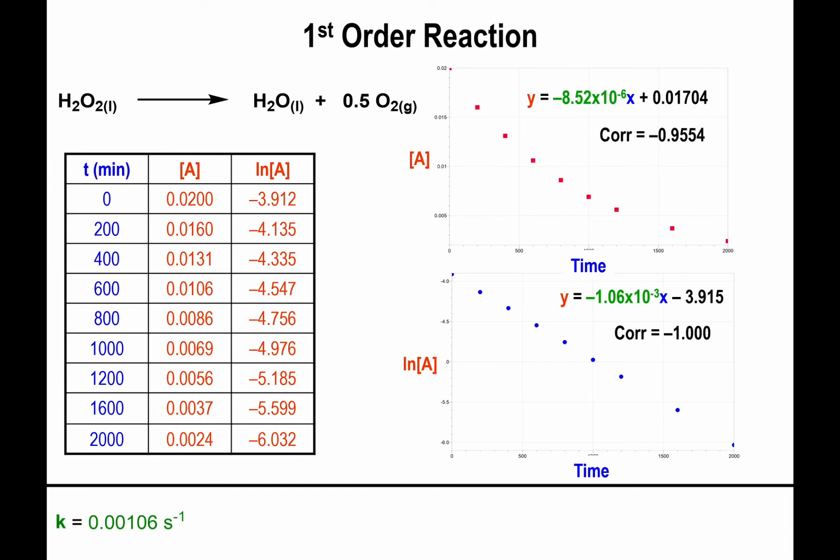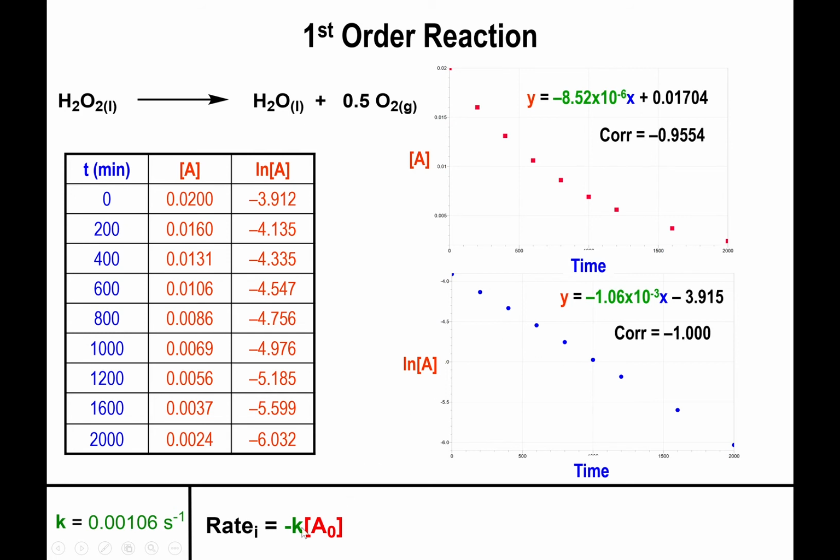All right, so as I was telling you, this is a linear plot when you plot ln of A versus time, telling you that this is a first order reaction. And the rate constant is 1.06 times 10 to the negative 3, quite literally the positive value of the slope of this line. I'm just writing it there in standard notation. If you want to calculate the rate for a first order reaction, that's where the ln of A versus time plot comes in handy, because that tells you this is a first order reaction.